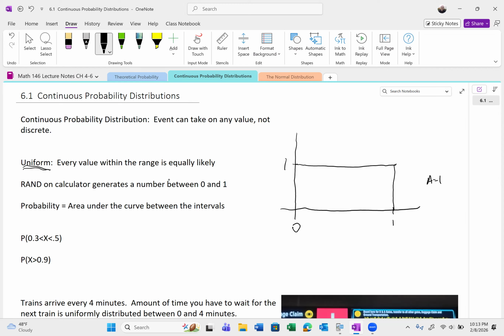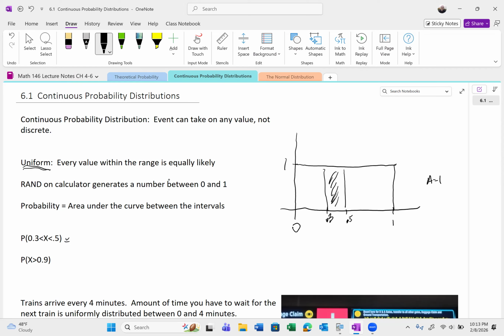And when we're talking about the probability under the curve, we're talking about the area under the curve within those intervals. So if I'm looking at the probability that on my calculator, I randomly generate a number between 0.3 and 0.5, I'm looking at the area of that little chunk between 0.3 and 0.5 on our uniform distribution.